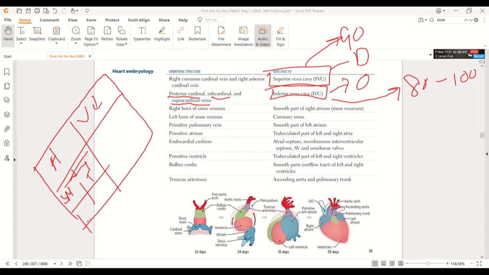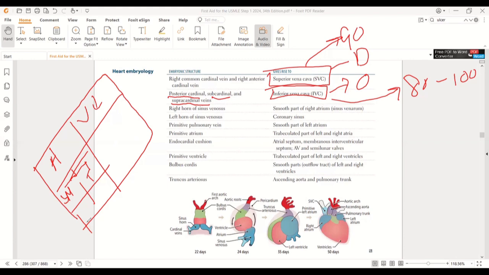Yeah, the sinus, the smooth part is from the bulbus cordis. That gives you the smooth part. I'm talking about the smooth part of the atrium.